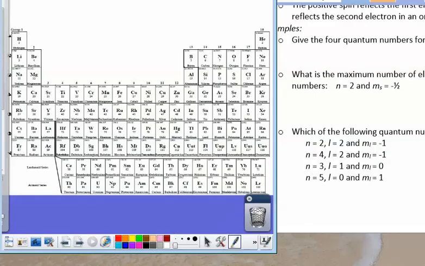For the last question here, it's asking which of the following quantum numbers would not exist or would not be allowed in the atom, so it can't exist, in other words. I like to just look at my periodic table and see if I can find it. So n is equal to 2, so we already said that that would be either over here or over here. So L is equal to 2. Well, if n is equal to 2, it's the second energy level.